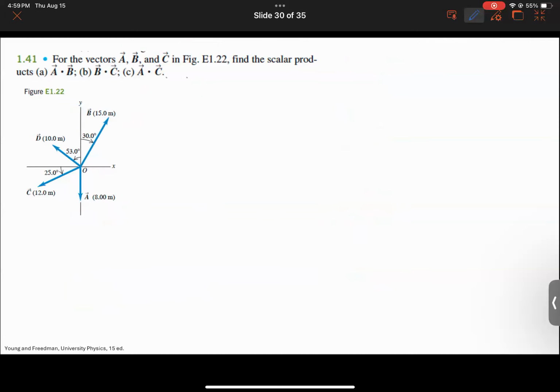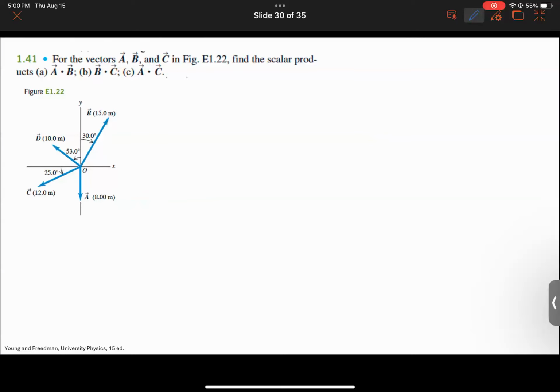So, for vectors A, B, and C, find the scalar products A dot B, B dot C, and A dot C. Okay, so this is straightforward. A dot B is equal to AB cosine of the angle between them.